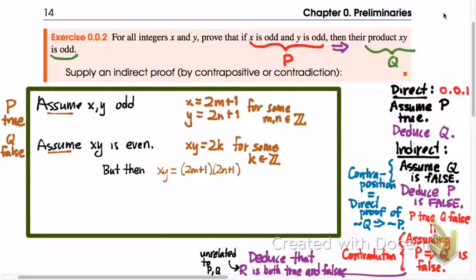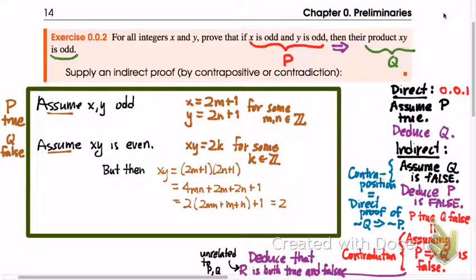And then if you do all that out, you get that xy equals 2 times 2mn plus m plus n, and then there's a plus 1 here, right? Yep. Okay. So then I said let k equal 2mn plus m plus n, so then xy would equal 2k plus 1.